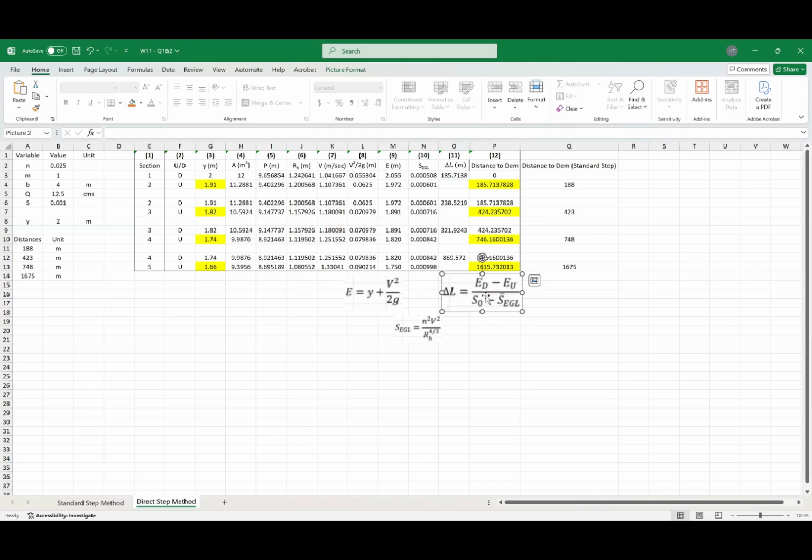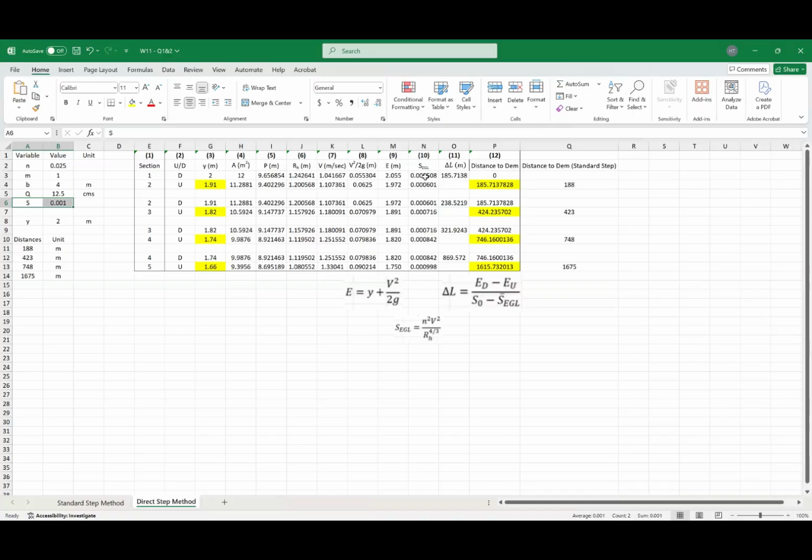So here, for example, we have downstream energy, which is 2.055 minus 1.272. And we will divide this value by S0, which is the channel's bottom slope, which is 0.001, minus the average slope.